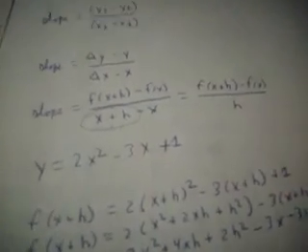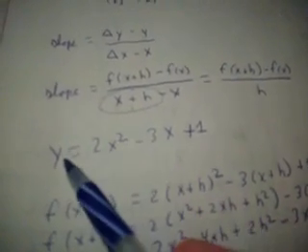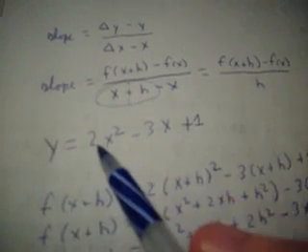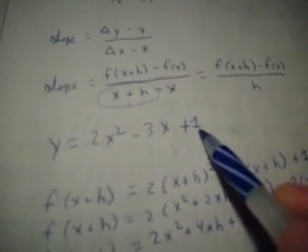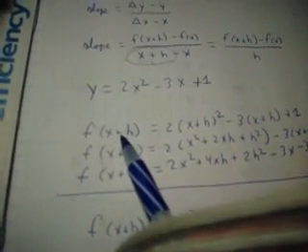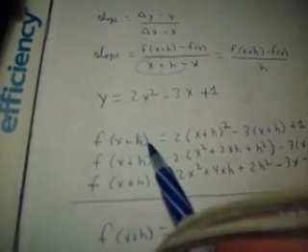Now let's take a look at an equation. This is a linear equation, a line equation. Let's go on here. We have an equation here. It's 2x squared minus 3x plus 1. What we're going to do is replace that y here with f of x, or actually f of x plus h.